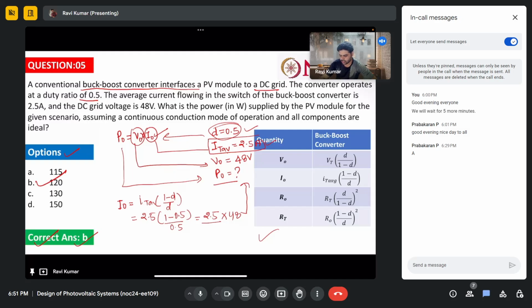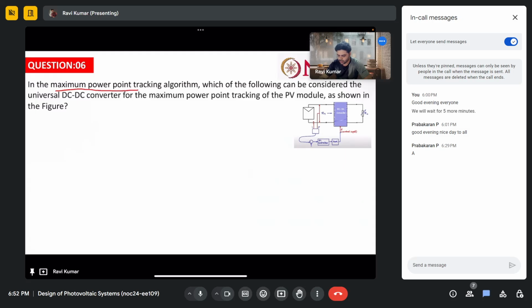Let's move to the next question, which is also very easy. You need to do it without any hint. It says, in the maximum power point tracking algorithm, which of the following can be considered the universal DC-DC converter for the maximum power point tracking of a PV module as shown in the figure? This is just the tracking mechanism which I have shown you in the starting, and these are the options.